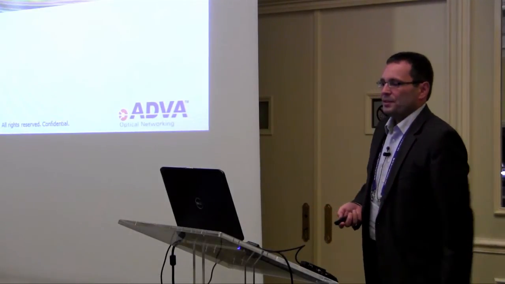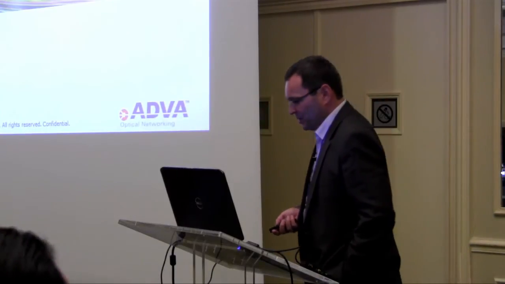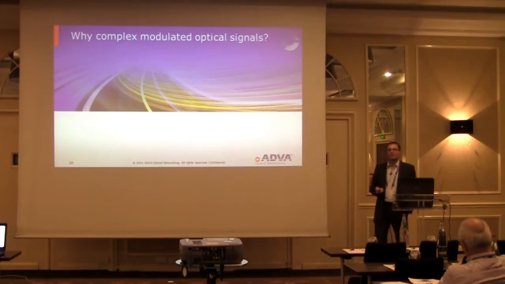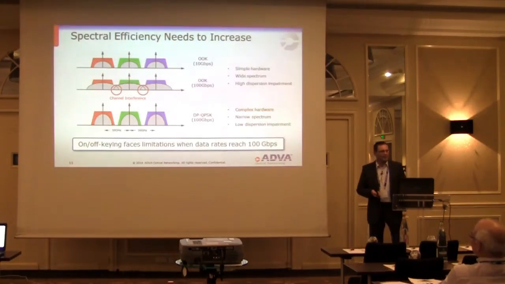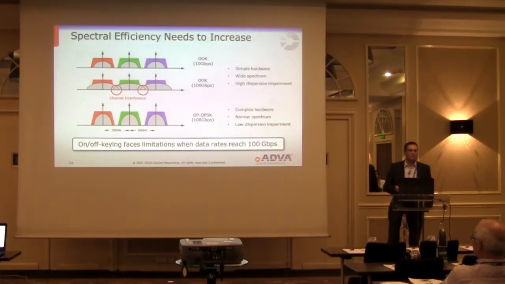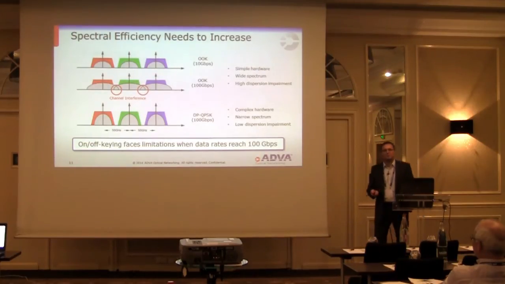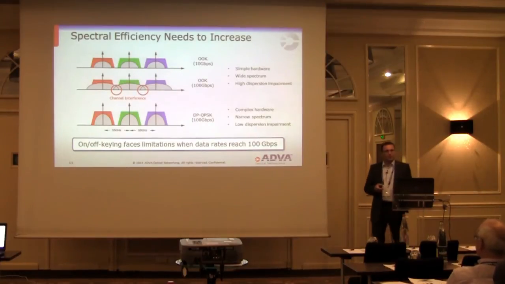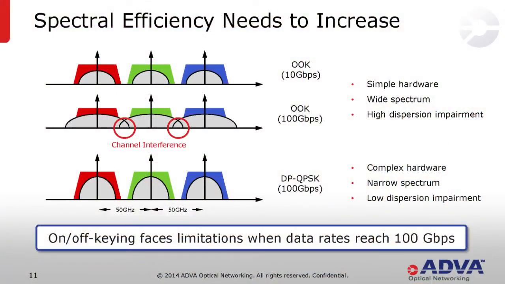Good. So first question is, why is it so complex, and why do we talk about these complex modulated optical signals? Very easy to explain. The reason is spectral efficiency. Spectral efficiency means how much data can I transmit over the available piece of spectrum. So if you look at the top line of the figure, this shows us three channels of a spectrum, 50 gigahertz of spectrum each, so the red one, the green one, the blue one.